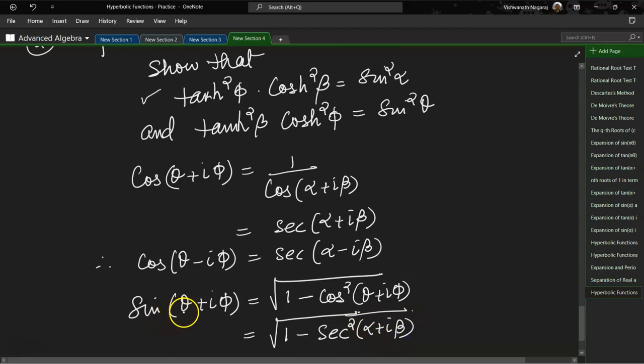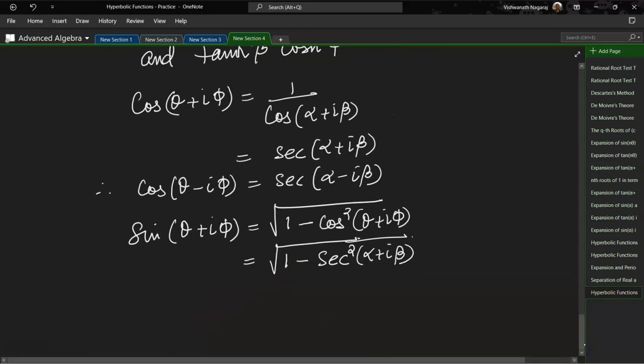Remember, the objective is to convert this theta plus I phi into alpha plus I beta form.